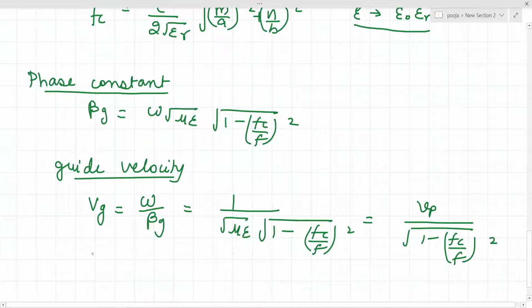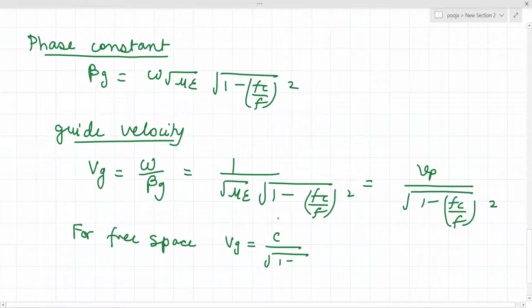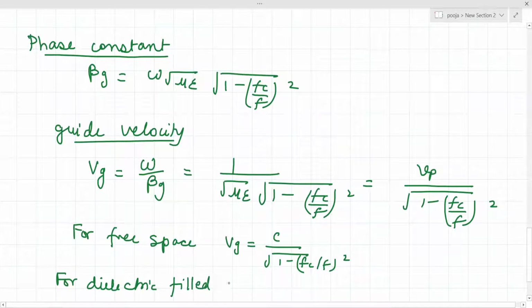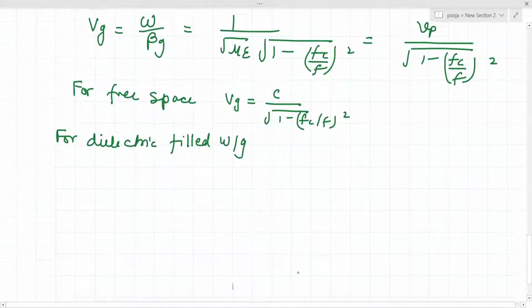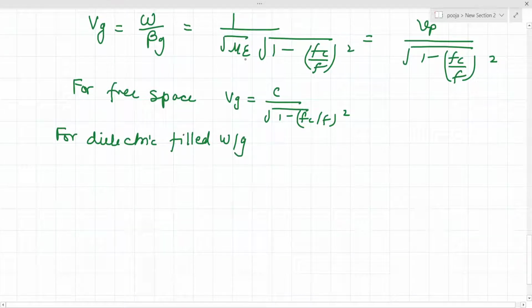So for free space, Vg is equal to C times under root 1 minus (fc by f) whole square, and for the dielectric filled waveguide, Vg will become equal to C by under root epsilon r, as we put epsilon equal to epsilon naught into epsilon r.